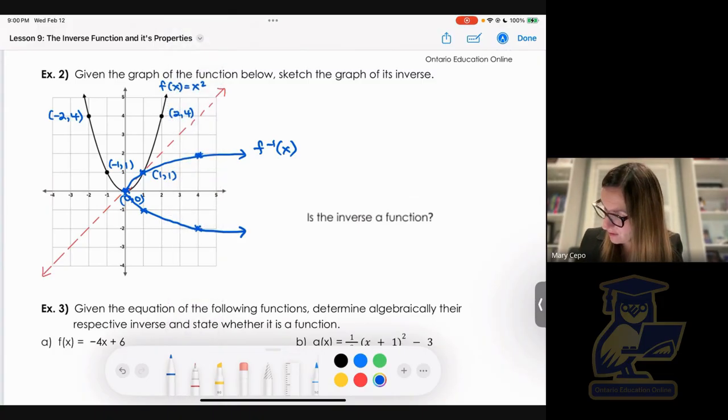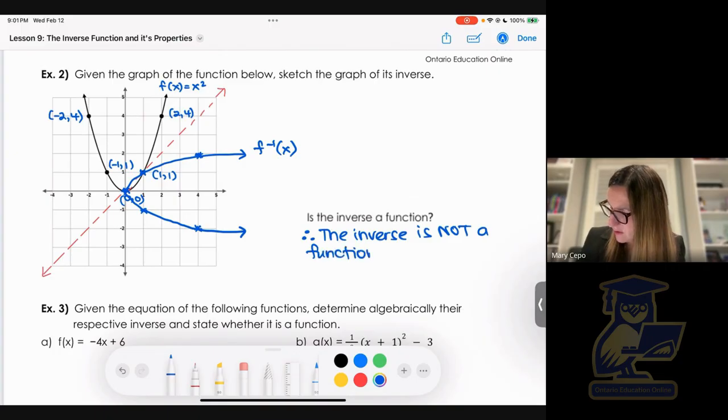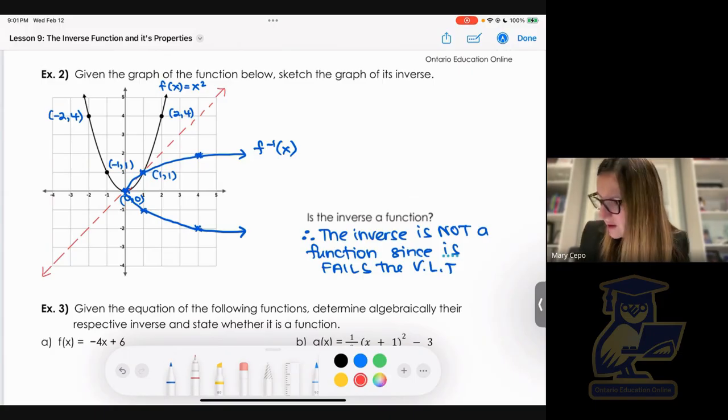So therefore, the inverse is not a function since it fails the vertical line test.